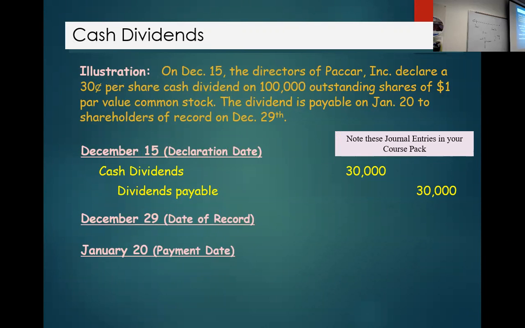And we might have already recorded this. If not, record it now. So we have debit cash dividends, credit dividends payable. Now, we haven't used the language cash dividends before. We've just used dividends. But we're differentiating because in a little bit, we're going to talk about stock dividends.